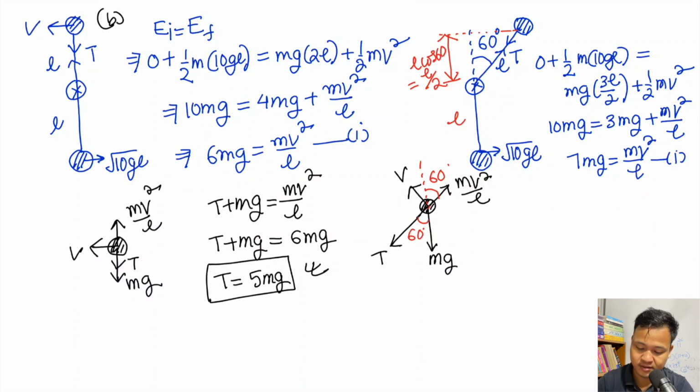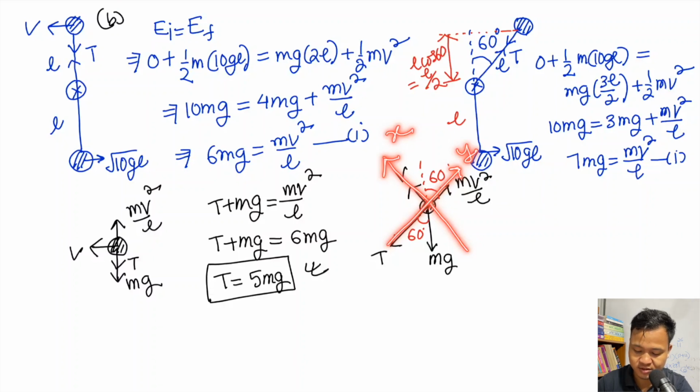Net force along y is zero, so T and mv square by L are along y, and you take the component of mg along this axis.